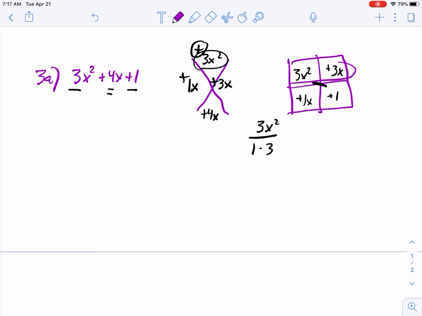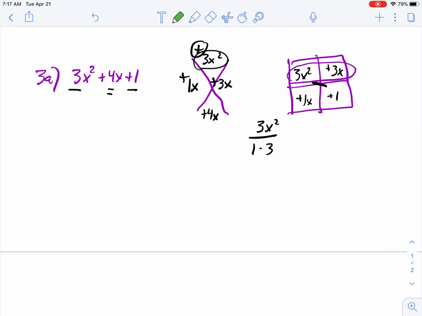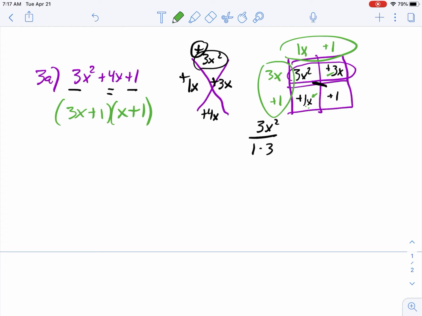So let's go this direction first. Let's use a different color here. So let's take out a 3x, which means this would have to be a 1x. And if I take a 3 out of this, that would be just a plus 1. And here, take out an x, I have plus 1. So there's your factors. So you have 3x plus 1 and x plus 1.